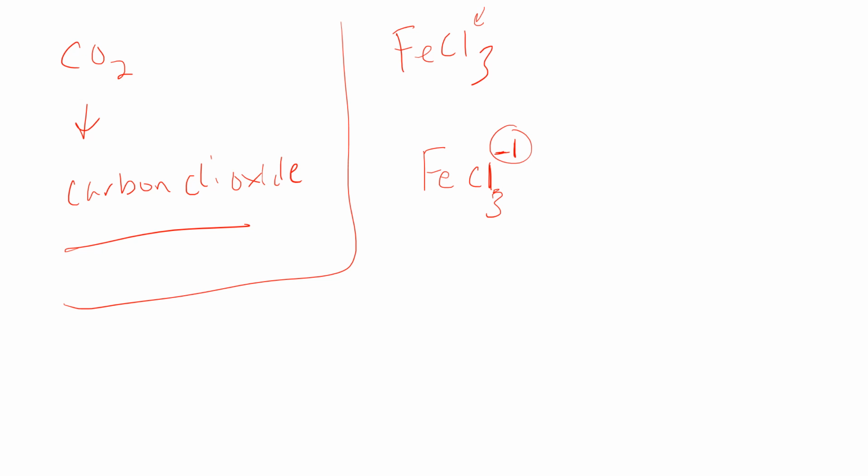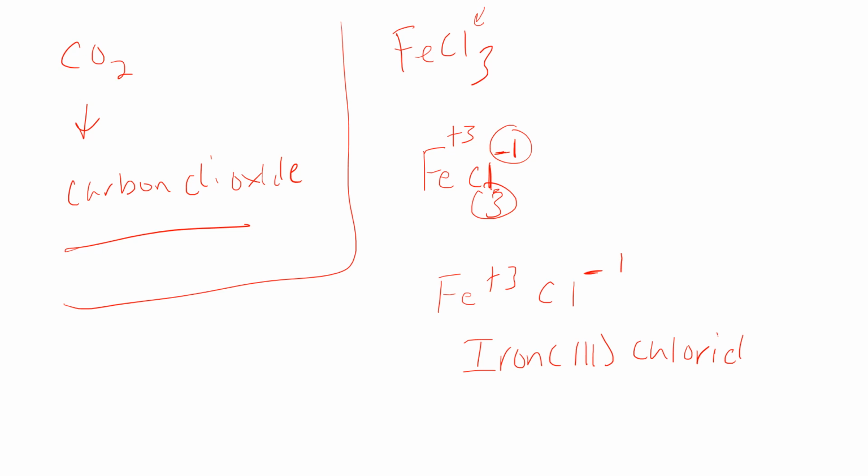If this whole side is going to be -1, this is 3, then in order to balance this out, this has to be +3. Okay, this has to be +3. So it's going to be Fe +3 and Cl -1. Therefore, this is going to be iron(III) chloride. Okay.